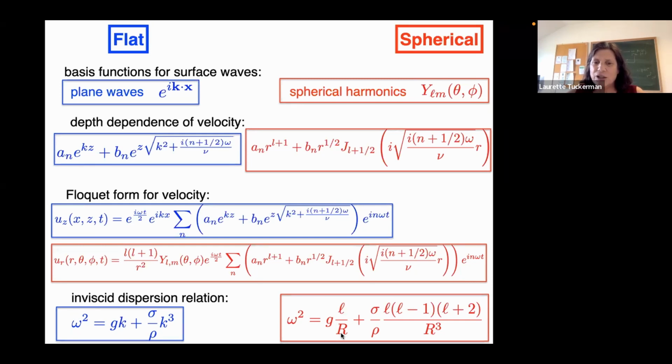So you might think g L over R and then sigma over rho L over R cubed, just following the model of the first one, but no, it's this, and this is something you can read about in Lamb. Why is this? Because here you're linearizing about something flat, and here you're linearizing about something that already has curvature. A sphere already has curvature, and when you linearize about that, this is what you get.